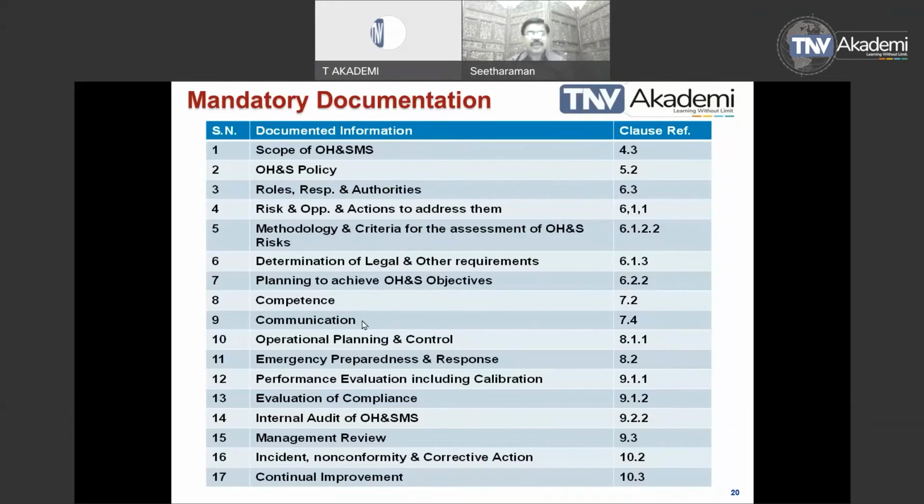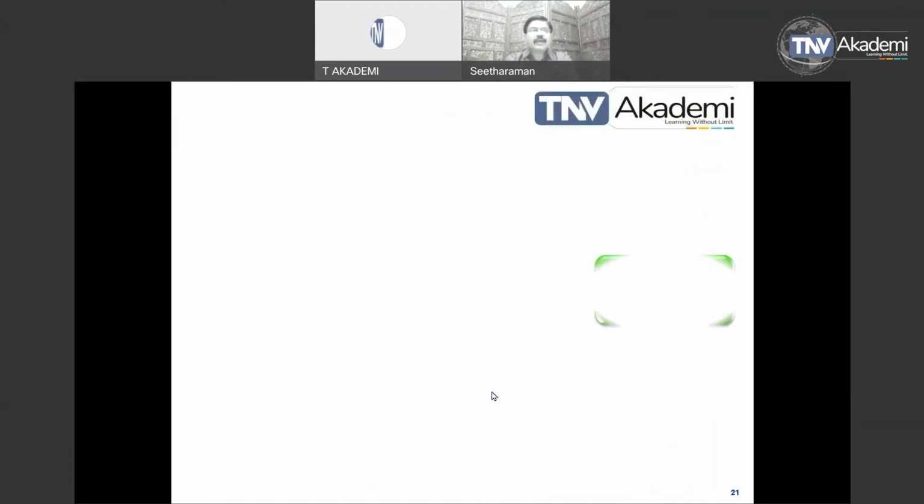All those records have to be shown as per 10.2. Then continual improvement, whatever we are doing in safety performance, we have to showcase for the auditors and also for our own benefit. We keep those records as per 10.3. So these are some of the mandatory documentation an organization needs to keep for the certification process. Then we go to the implementation phase.